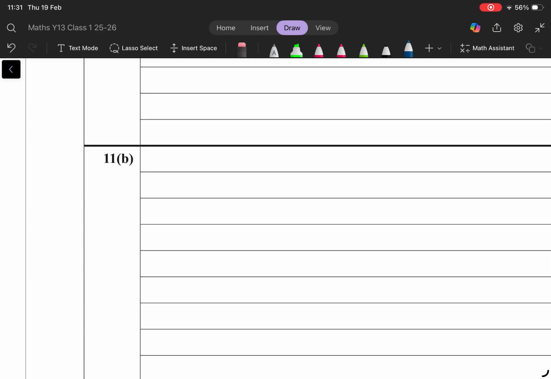Okay, so what this is saying is it wants us to work out M3 first, so M3 would equal M1 plus M2. Now this question doesn't say detailed reasoning, so you could just use your calculator for this.